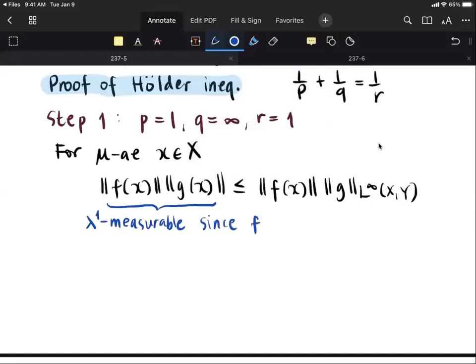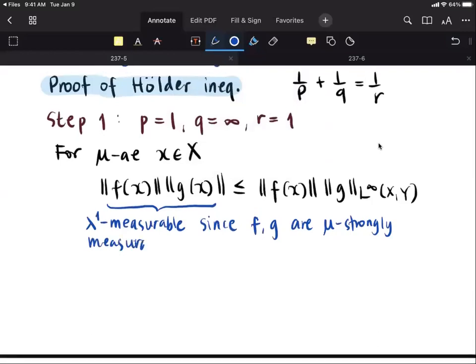Since f and g are strongly measurable, and take note that the norm function from Y to R is continuous. And last time we established that the composition of a continuous map and a strongly measurable function is also strongly measurable.